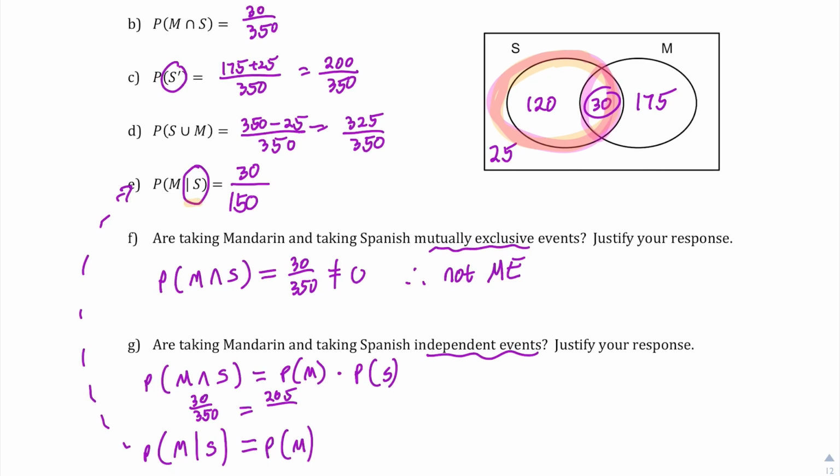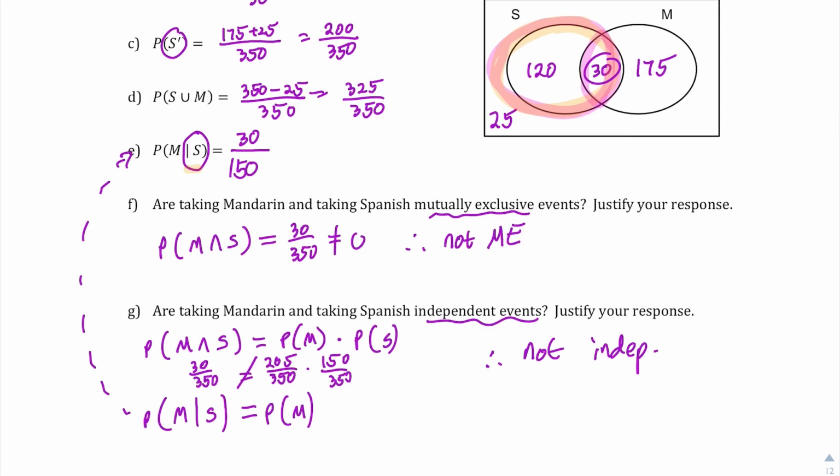There's 205 out of 350 multiplied by the probability of taking Spanish, which is 150 over 350, and then we can determine that those are not equal to each other, and therefore the events are not independent.